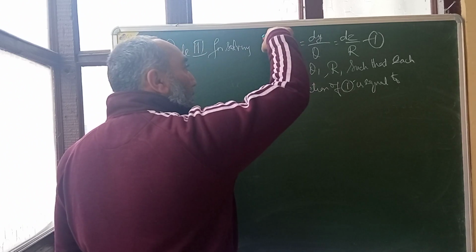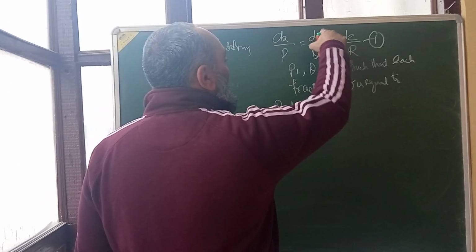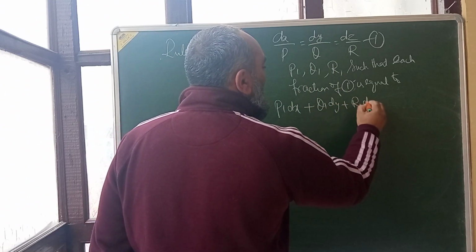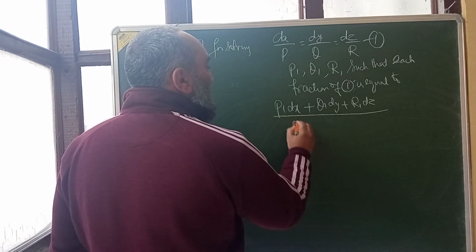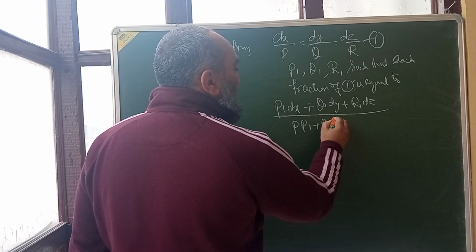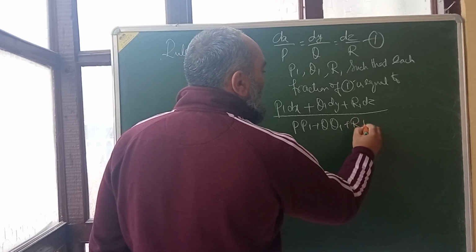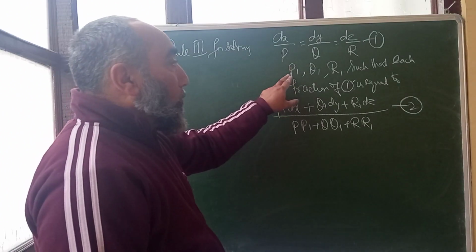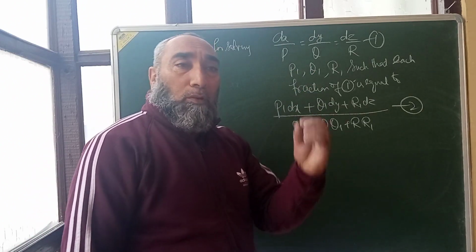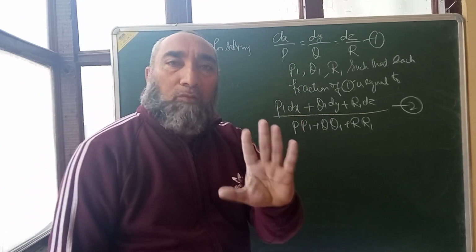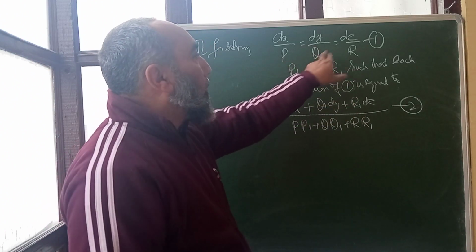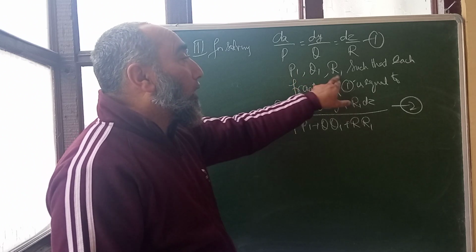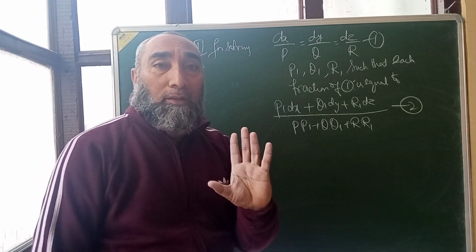I have multiplied this by P1, this by Q1, this by R1. Let me tell you, P1, Q1, R1 are functions of x, y, z again. This P, Q, and R are functions of x, y, z, and I have chosen multipliers P1, Q1, R1, which are also functions of x, y, and z.